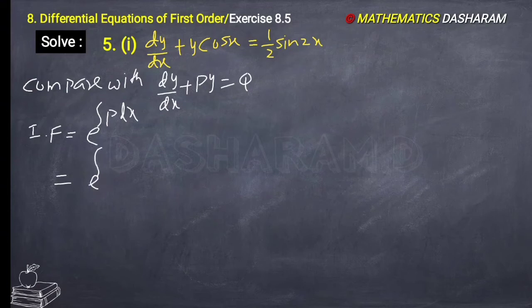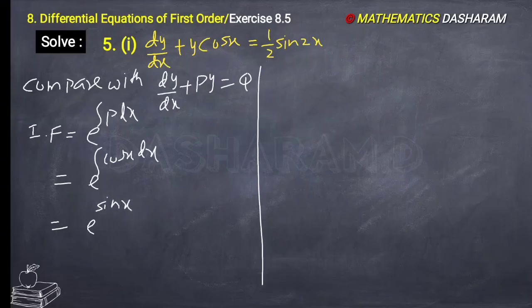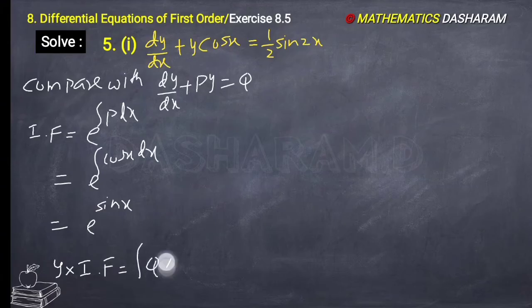So e to the power of integration, the p value is cos x. So e to the power of integration of cos x is sin x. Now let's find out the solution. The solution is y into integrating factor equals integration of q into integrating factor dx plus c.